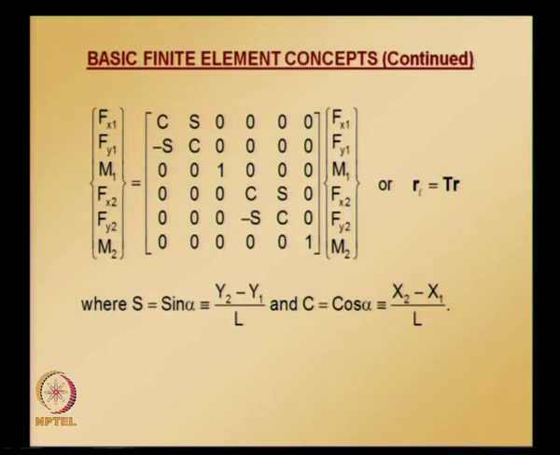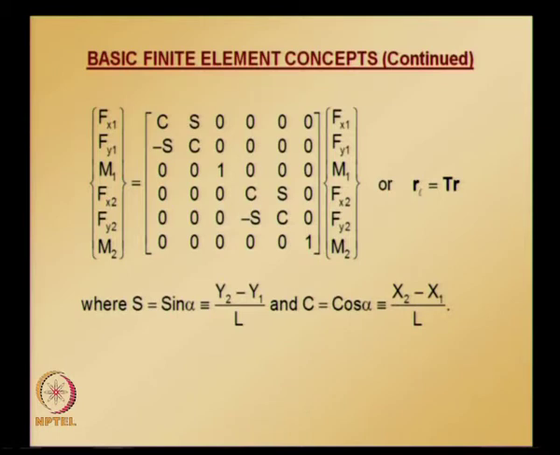And this C and S, C is nothing but cosine alpha, alpha is nothing but the angle between the local x axis and global x axis measured in the counterclockwise direction.